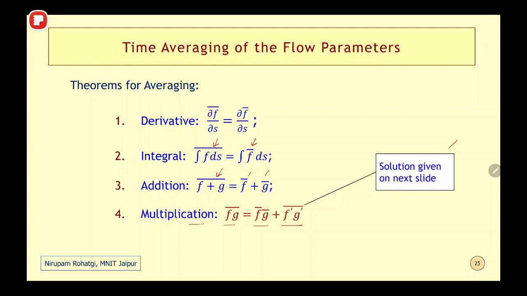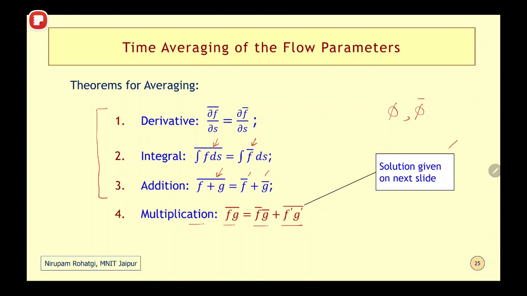Now if you look at this, there is one thing to be noted here, that if you replace phi by phi bar, nothing will happen, because your one parameter is replaced by another. So phi is replaced by phi bar as far as these three are concerned.